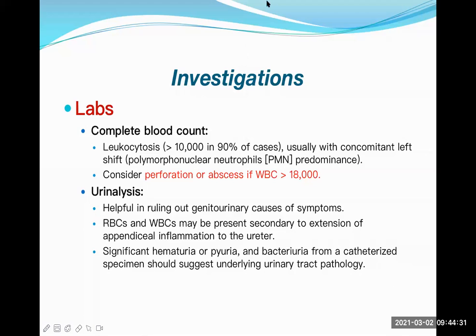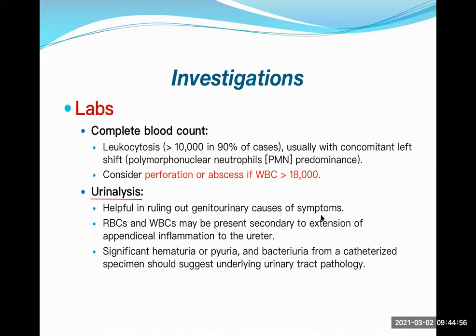Another one is urine analysis. Now, the question may be coming to your mind, why is urine analysis done in this case, because there is no correlation between urinary tract infection and acute appendicitis. Having said that, what happens is pelvic appendix.